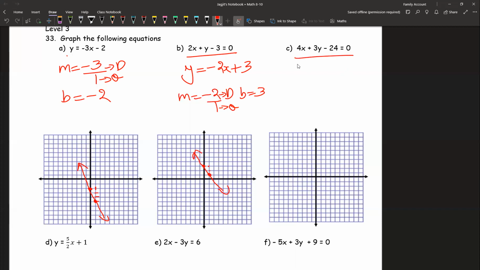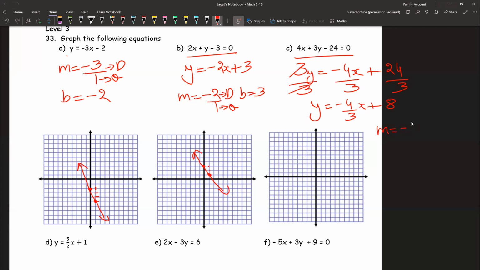Something like this again, isolate your y, 4x goes to the other side, becomes minus 4x, minus 24 becomes 24. Then we divide everything by 3. So we get y is equal to minus 4 over 3x plus 8.